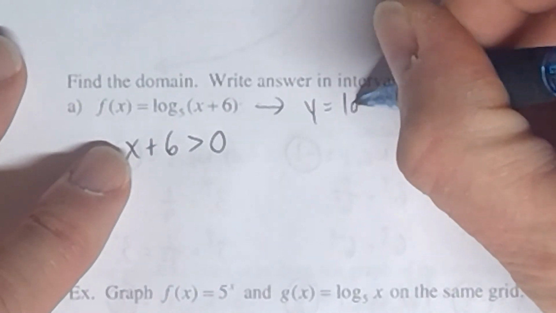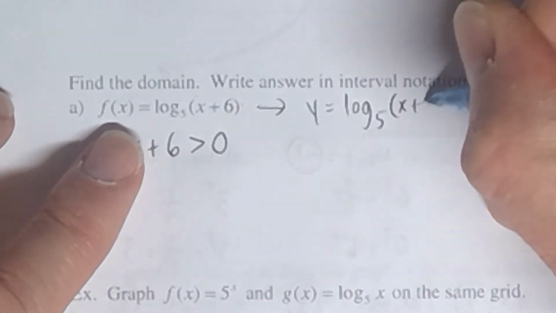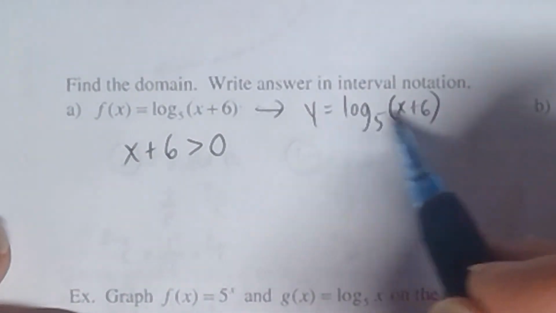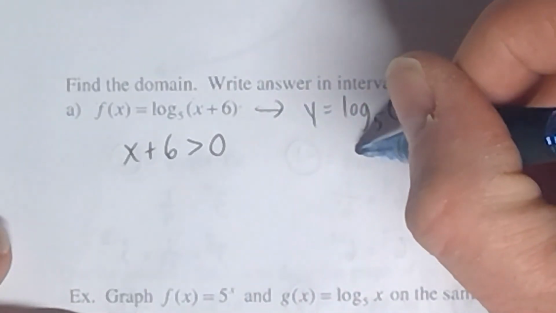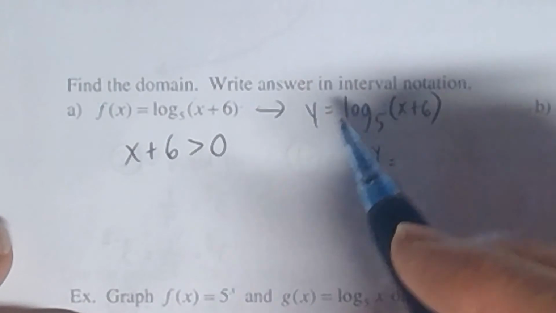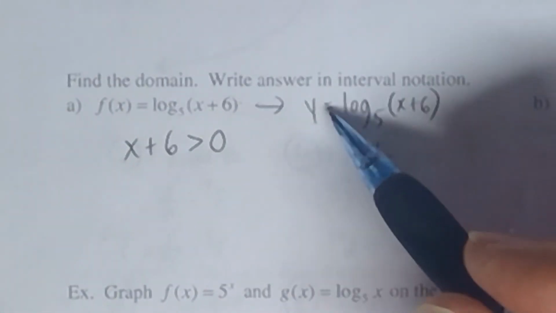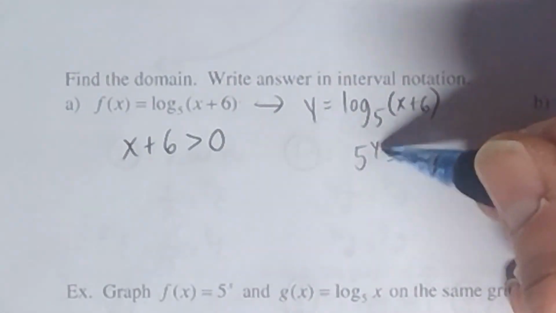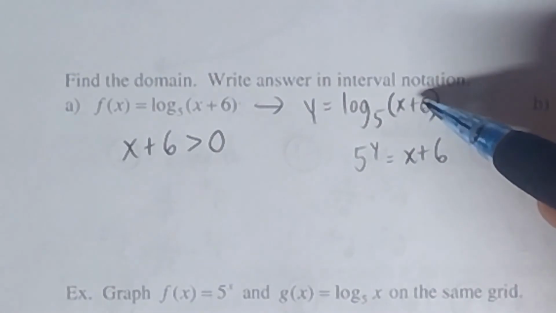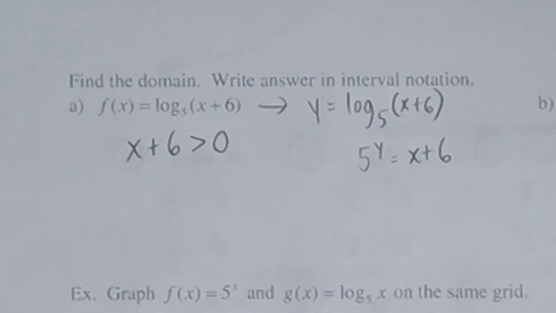If you have y, which is the same thing as f of x, equal to your logarithm here, that means 5 is the base, y is the exponent, because the entire logarithm is equal to the y, and we know that logarithms are always equal to exponents. So 5 and y are the base and the exponent, and then the product term is always the answer. When you put the base and the exponent together, it's always equal to the product term.